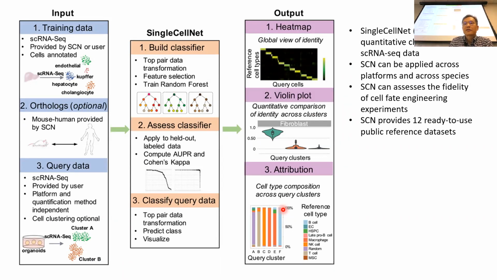This is another single cell method. Let's look at its pipeline. You have training data and already labeled cell types. It even includes cell types from a different species, I don't know what that is. Then you build your classifier, and then you have a query data.